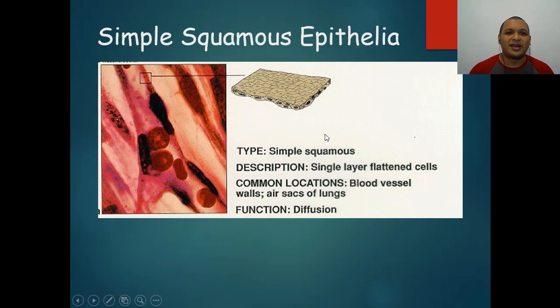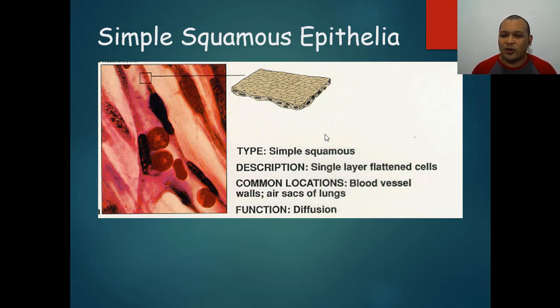Okay, so now we have simple squamous epithelia, and the simple one we can find mostly in a single layer of cells, usually for the transmission or the movement of substances. Mostly the function is related to things like diffusion.